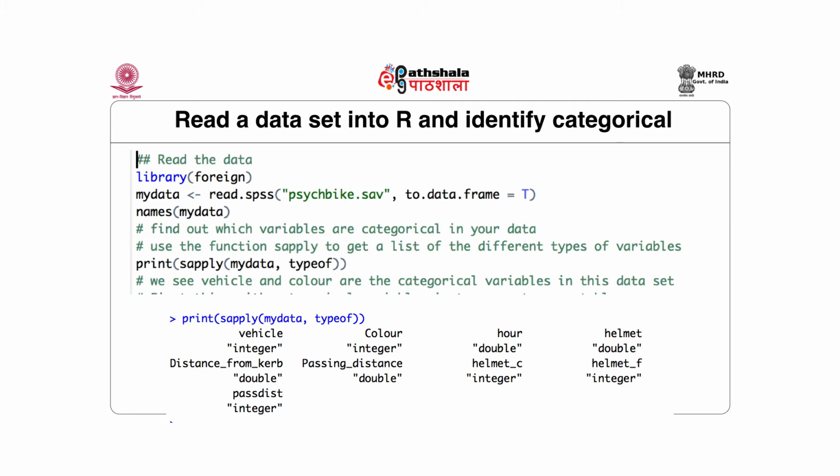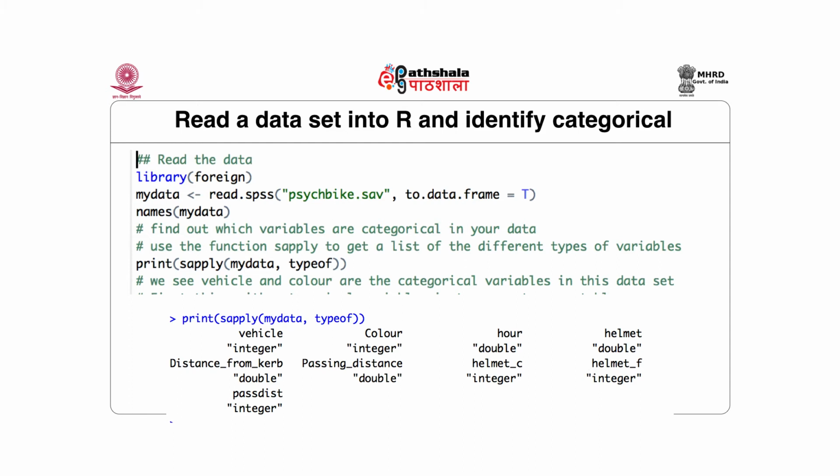Now, after we have done that, I am interested to find out what variables in that data frame belong to a kind of categorical variable. We'll take a look at this first.